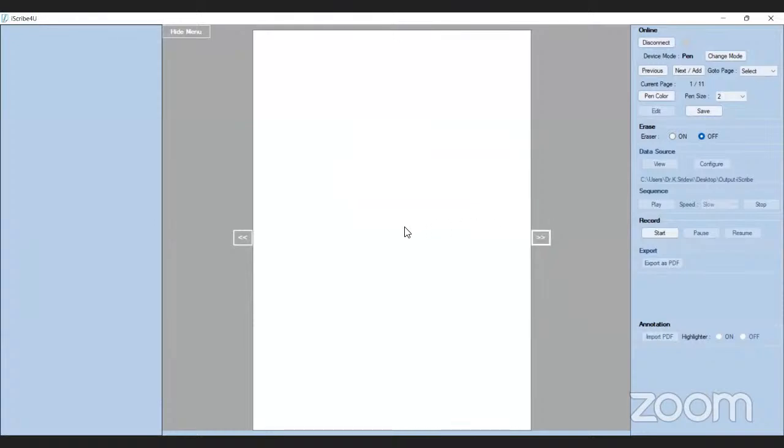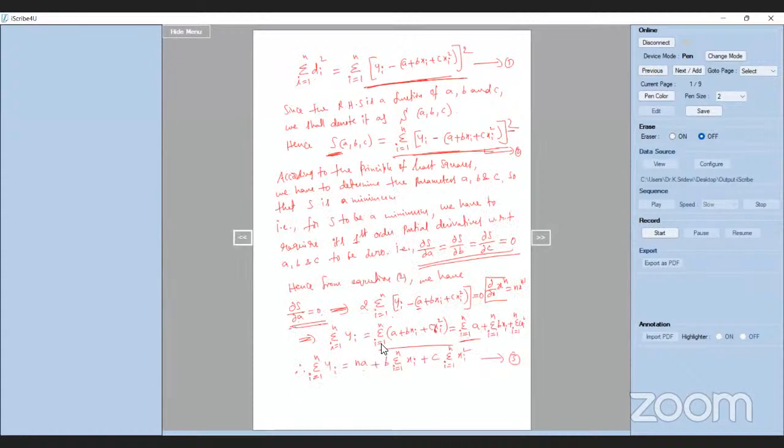So now I will take another page for getting the value of dou S by dou B. What is dou S by dou B? Observe here, sorry, on this page, dou S minus A. This is minus A. Minus of dou A by dou A will come minus 1.